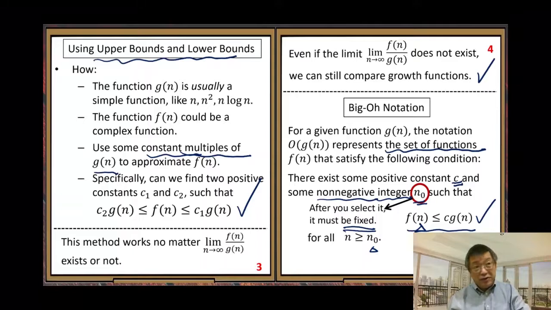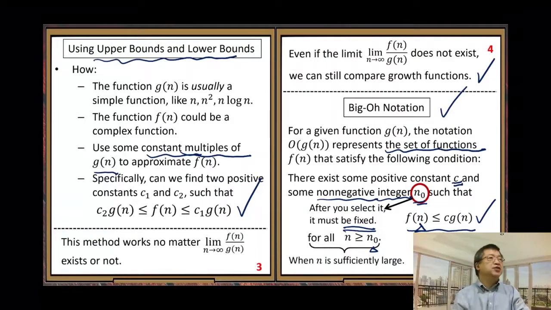So if you can satisfy this condition, then you can use the big O notation. Here, for the special property of this n0, we use another special term: when n is sufficiently large. Frequently you see the wording "when n is sufficiently large." You may ask, what's the exact meaning of it?